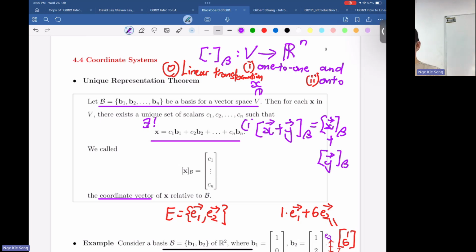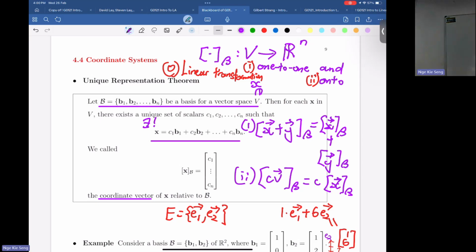Second, if you apply this map on a scalar multiple, it is equivalent to doing the map on the individual first, then scaling it. That's all. A linear transformation is a function that satisfies these two properties. You can pull the scalar out or you can split the sum.